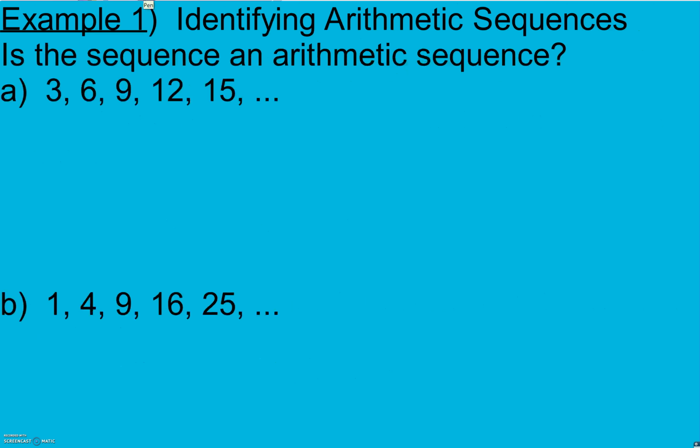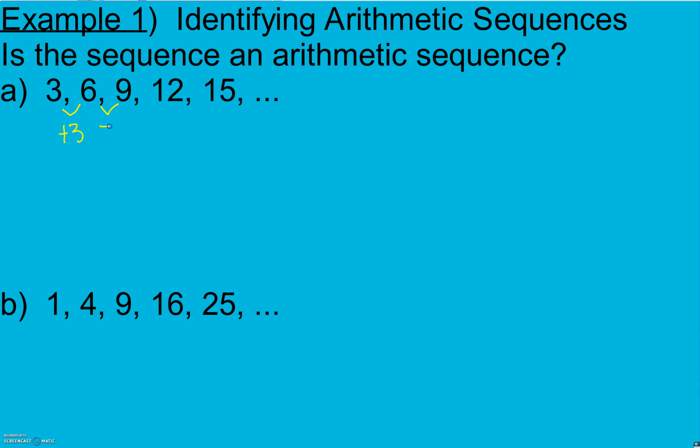Example 1, we're going to figure out, is this sequence an arithmetic sequence? In order for that to be true, it has to add or subtract the same value every single time. And we can use subtraction because that's just adding a negative. So we need to figure out what the difference is. From 3 to 6, we add 3.